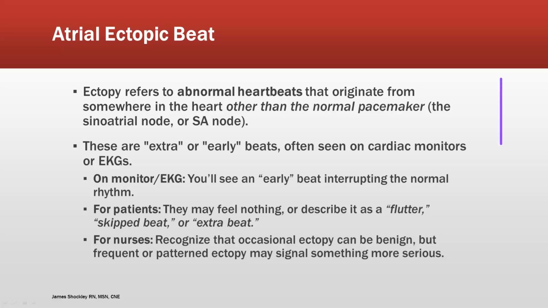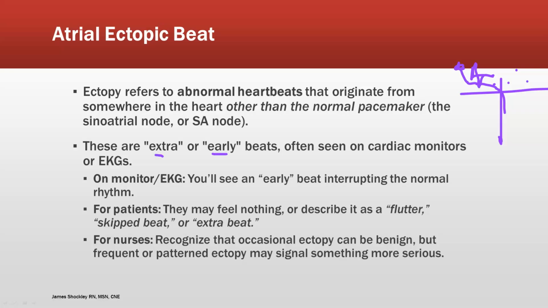If we draw our box for our atriums, the top part of our atriums, each cell up here has the ability to produce another signal. So if this were the SA node and we had this signal that caused that initial contraction, not too long after that, you're going to have another signal come from another part of the atrium that is going to initiate that extra or early beat.